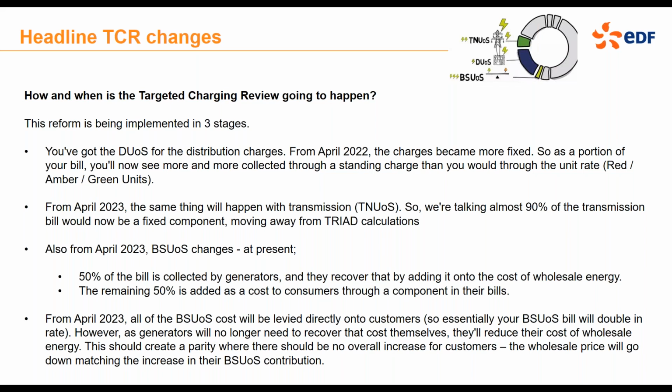So the BSUoS cost you will see has increased, but it's been taken off the generator cost, so the wholesale cost is reduced by a proportionate amount. It's what we call a zero-sum game, in the sense that this is not an additional cost. It's more like the two above, a balancing out of costs. I'm just going to summarise that in my last slide, Lauren, and then I'll go into any Q&A.